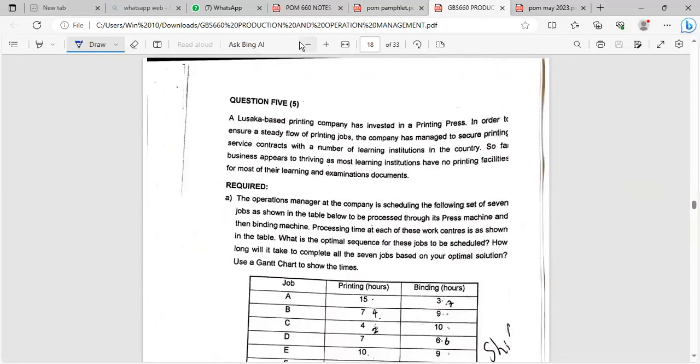Now, in the other class, I explained that in shop floor planning there are 3 considerations.